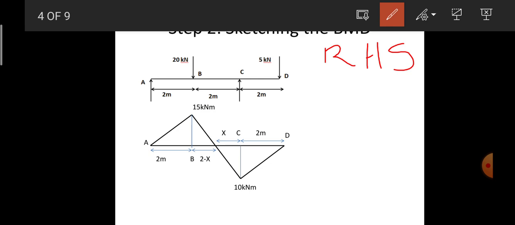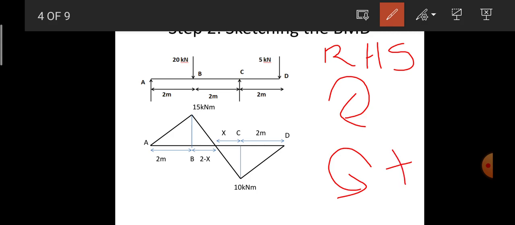If I calculate the bending moment from right to left, I need to consider anti-clockwise moment as positive and clockwise moment as negative. On the left-hand side, this sign convention will be in the reverse direction, that is clockwise will be positive and anti-clockwise negative.